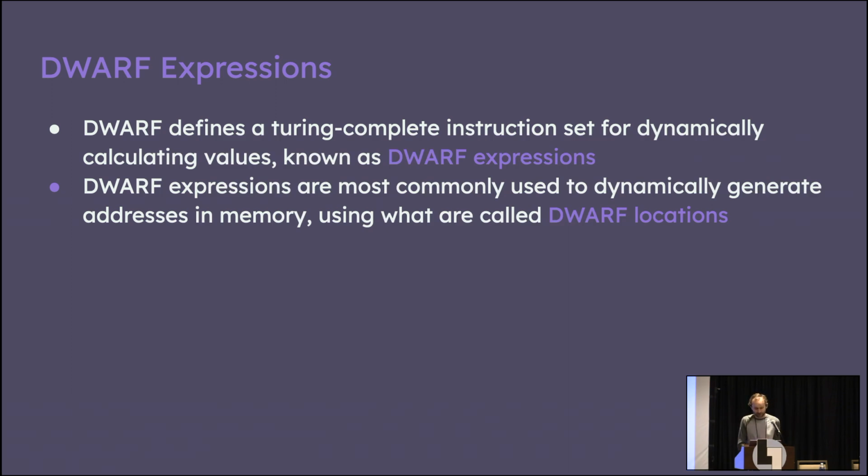Interestingly enough, the DWARF standard defines a Turing-complete instruction set for dynamically calculating values. You could program effectively any logical operation you want in debug data. These expressions are most commonly used for dynamically generating addresses in memory, and this is what's called DWARF locations.